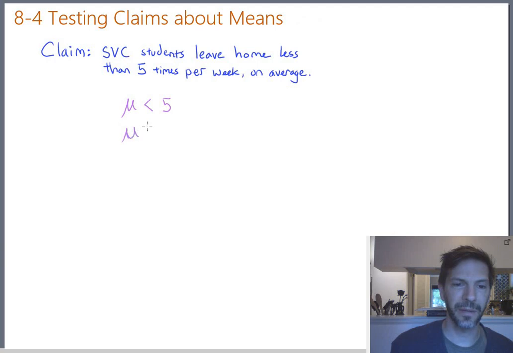Of course, the opposite claim would be that the average is greater than or equal to 5. We can still figure out which one's the null because it has the equal sign in it. So this statement right here is the null, which leaves this one to be the alternative.